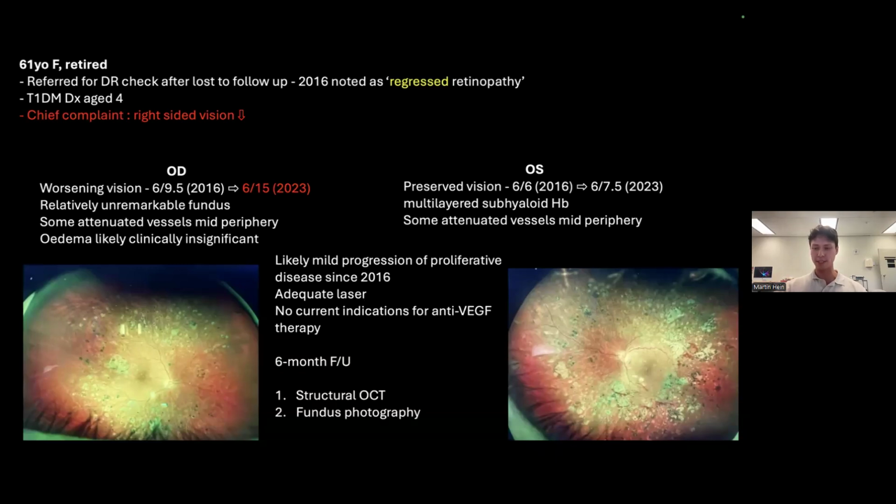I want to highlight that these decision-making paradigms are really only made with structural imaging and macroscopic imaging of the fundus. No fluorescein or OCTAs were performed. So the status of the retinal microvasculature in a lot of these patients you're not too aware of.